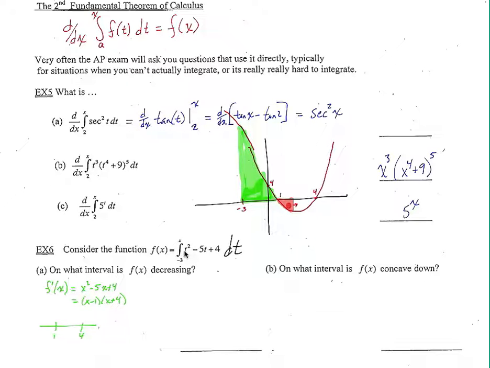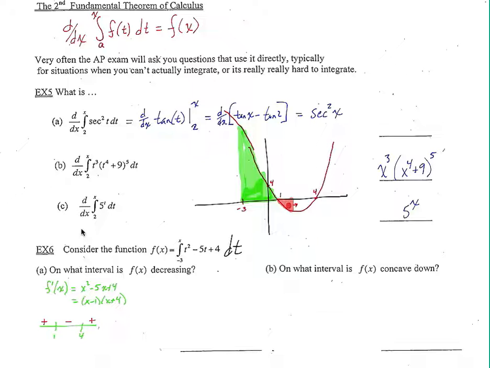To the left of 1, the derivative is positive. And this is, again, the derivative of our f function, and the f function is the total accumulated area as we start from -3 and head to the right. So it's positive here, negative here, and positive here.